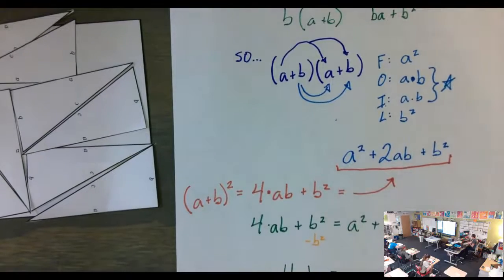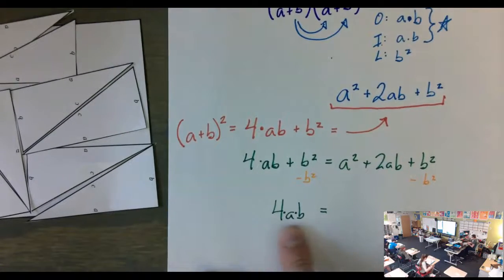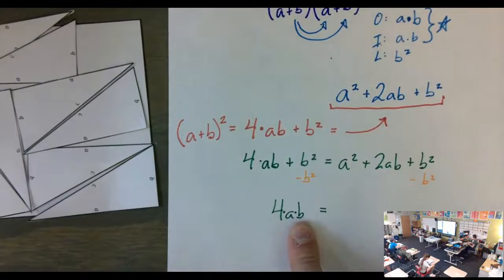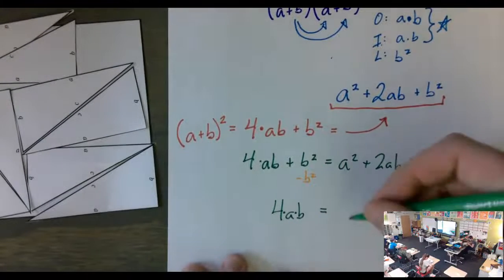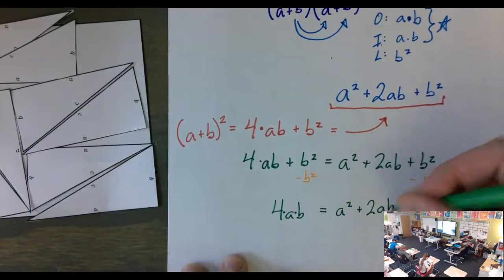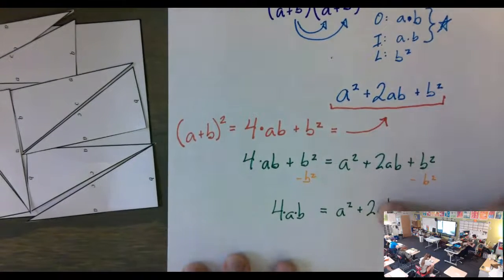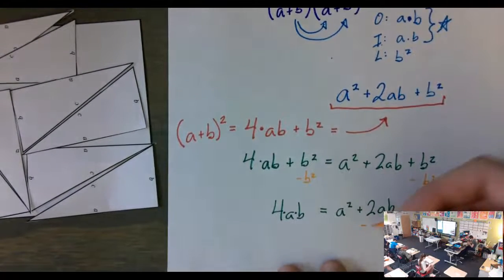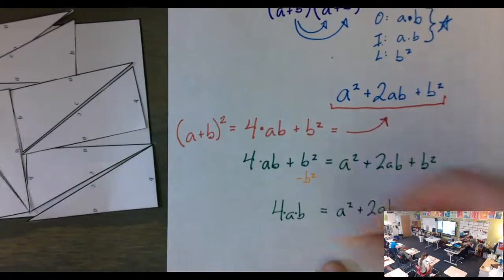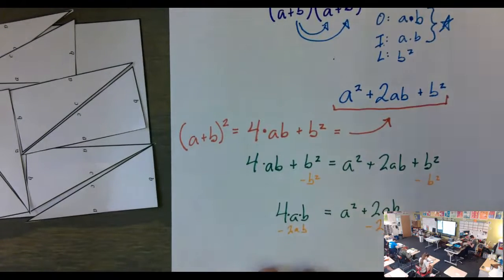I don't have to write either of those multiplication symbols, but I can if I want to. I can take away 2AB from both sides, can't I? So it'll be 2AB equals A squared.